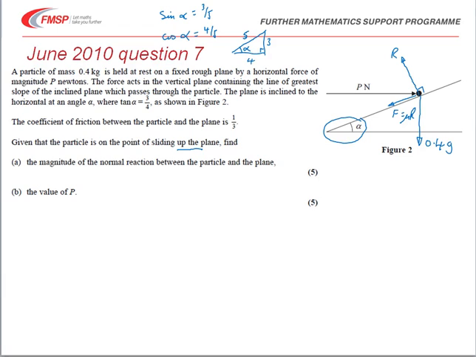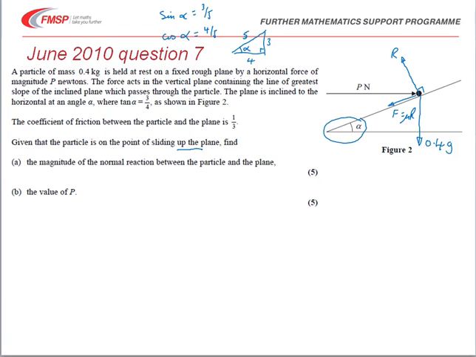Right, now this question is going to be answered by resolving the forces. However, whereas quite often we would resolve the forces parallel to the plane and perpendicular to the plane, that would lead us to including P in both of our equations.